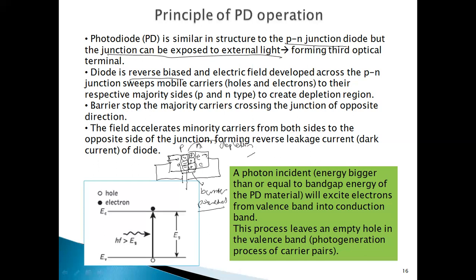For this particular case, in the P material there are minority carriers of electrons, and in the N material there are also minority carriers of holes. These minority carriers, electrons and holes, can move across this depletion region or barrier potential because of the attraction of the terminal.